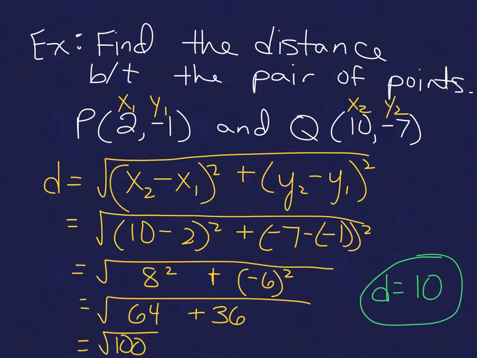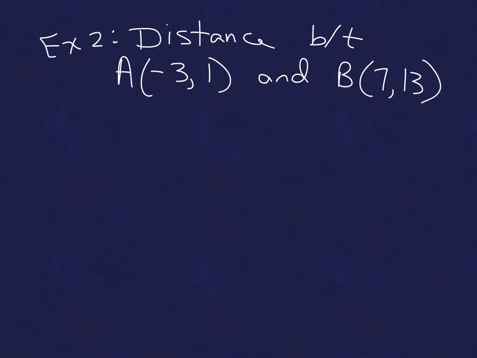Okay? Because the square root of 100 is 10. So we take this formula and we insert or just substitute the points that are inside of this formula and then evaluate. Okay, let's do one more. Same instructions, but this time we're trying to find the distance between the coordinate points A and B. A is -3, 1, and B is 7, 13.